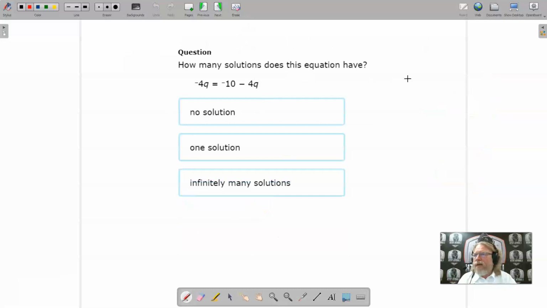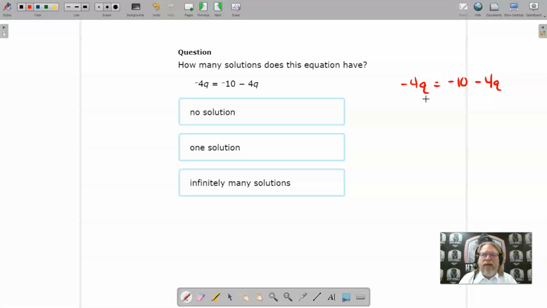On the next one, working it out over to the side, we have negative 4q equals negative 10 minus 4q. Now this seems kind of odd because I have negative 4q on both sides, but I also have a negative 10 on one side that I don't have on the other. So something seems a little awkward here.